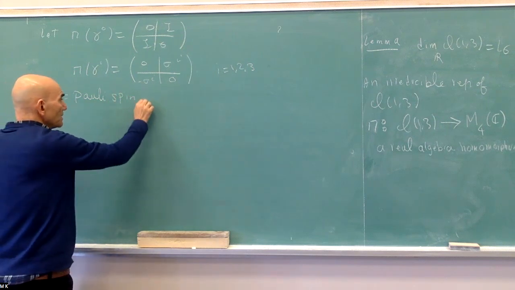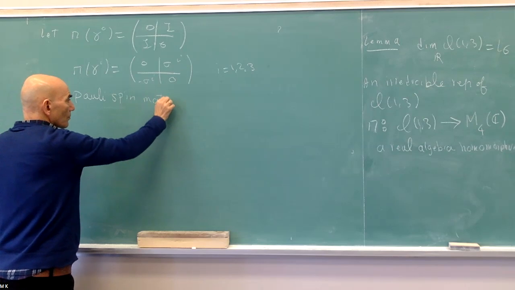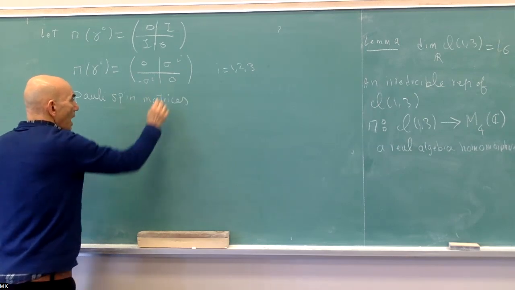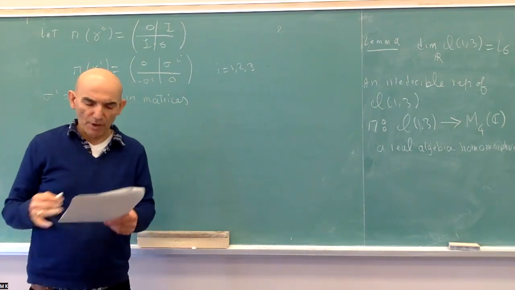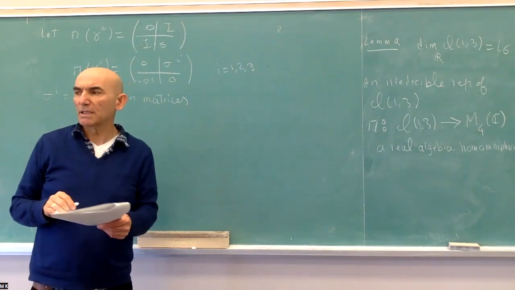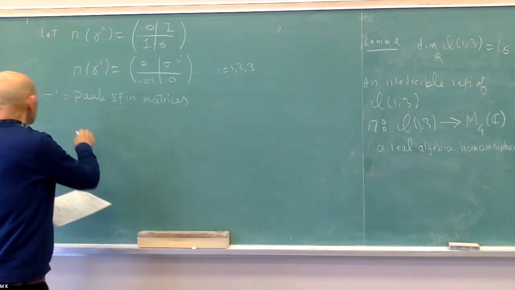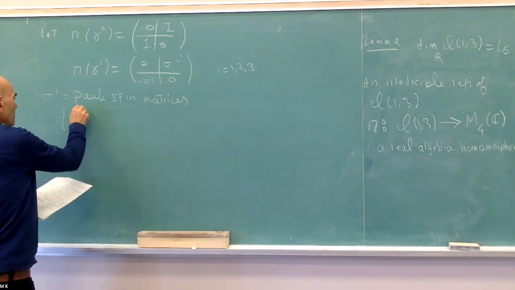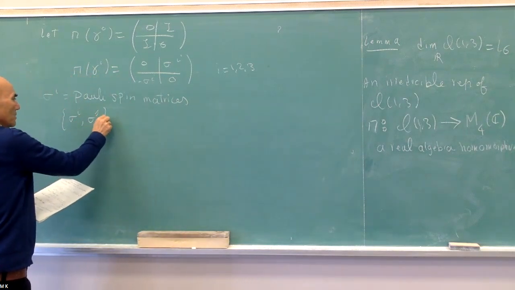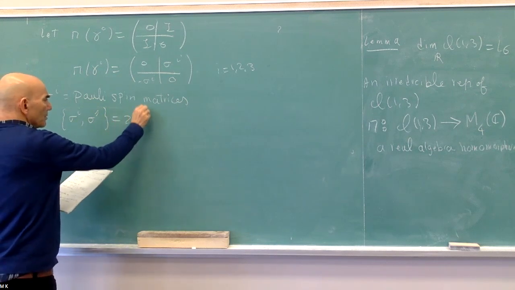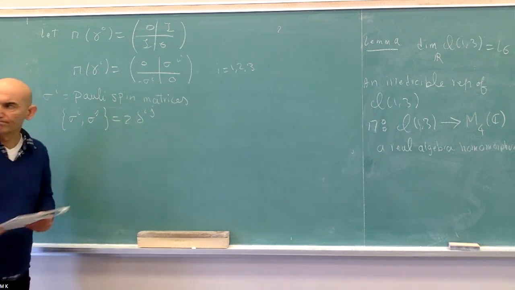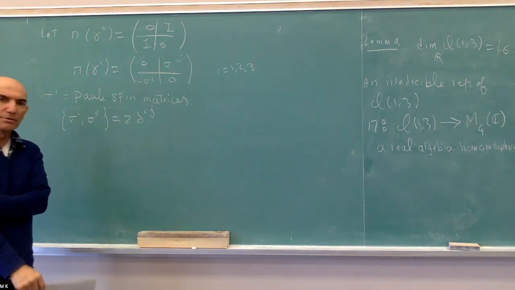And these Pauli spin matrices, we know that they satisfy the relation: the anti-commutator of sigma i, sigma j is equal to 2 delta ij. Right? Then they satisfy this relation.